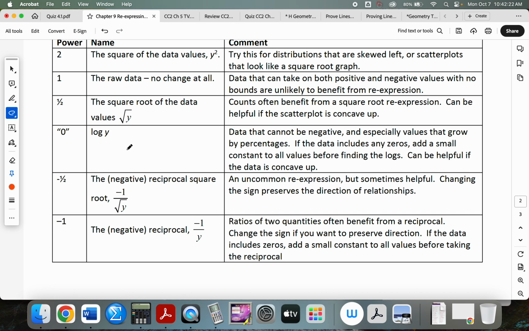Now, when you're applying logarithms, you've got to be careful. Data can't be negative because you can't take the logarithm of a negative value. What can happen if the data includes any zeros? Sometimes they'll just add a little constant to it so they're not zeros, which feels like cheating.